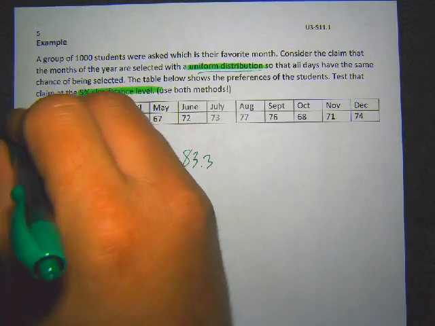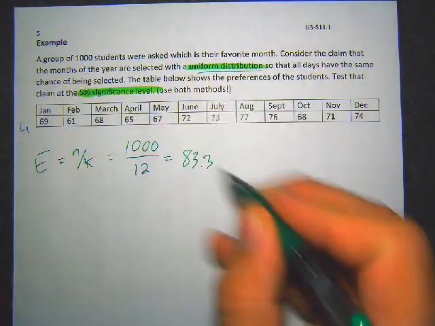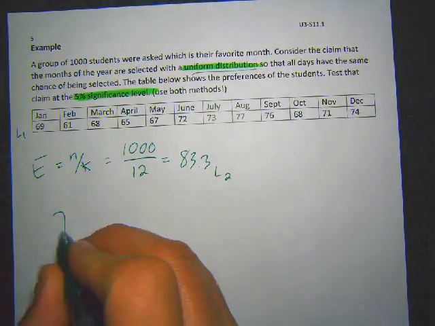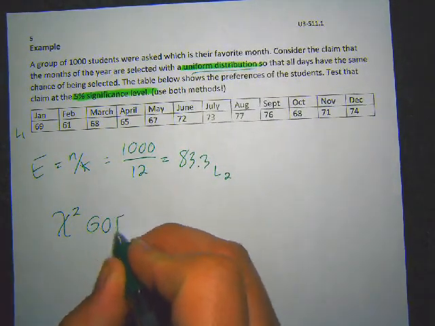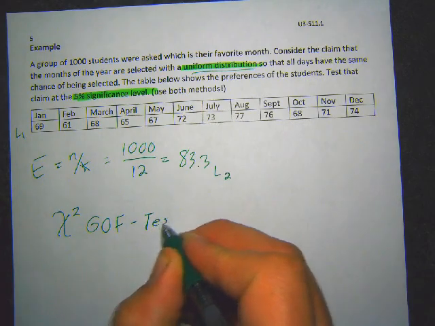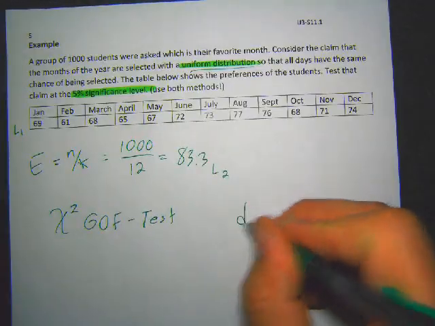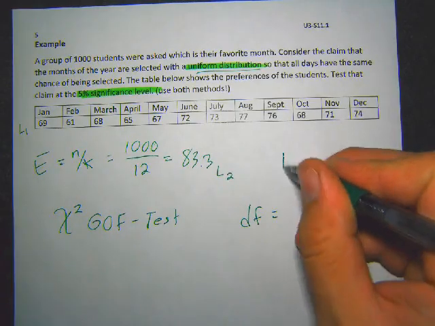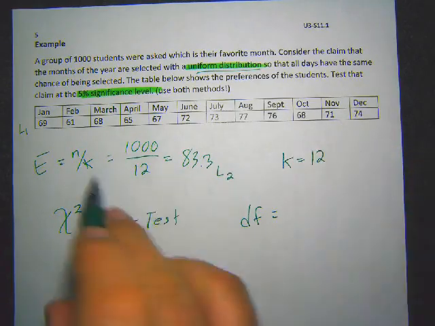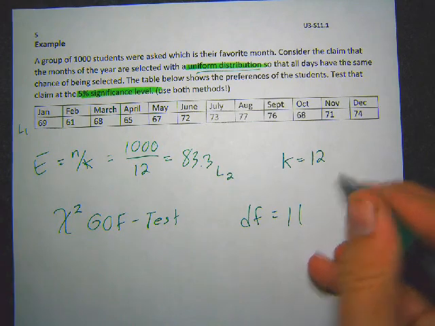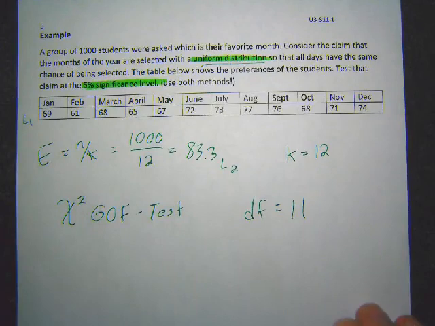This first one is going to be our observed list. So this would be list 1. This would be our list 2. So now I do the chi-squared goodness of fit test. That's the data we'll enter. One thing we do need to know is the degrees of freedom. Since there are 12 different months, that's what we're dividing by, k is 12, then the degrees of freedom is going to be 11, because 12 minus 1 gives me 11.